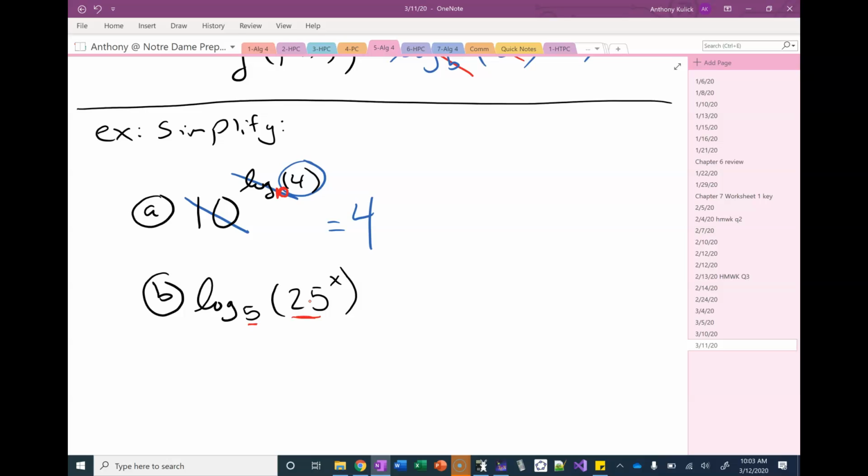No. However, is there a way for me to write 25 as some power of 5? Sure, right? What is it? 5 squared. So I can rewrite this as log base 5 of 5 squared to the x.